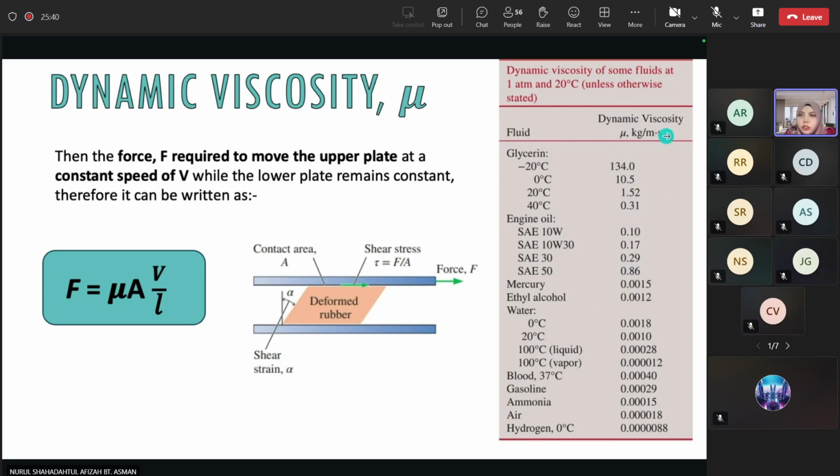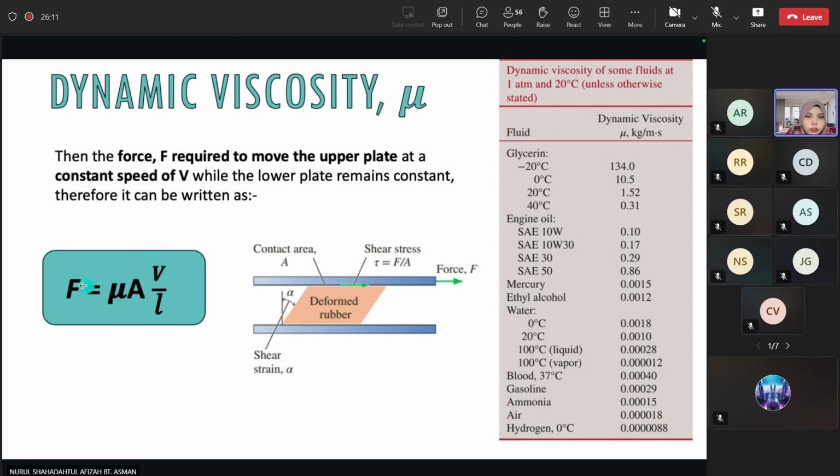So you can see this one, dynamic viscosity. Different types of fluid also have different values of dynamic viscosity. This is one example of fluids with their values for the dynamic viscosity. Force is required to move the upper plate at a constant speed, while the lower plate remains constant.